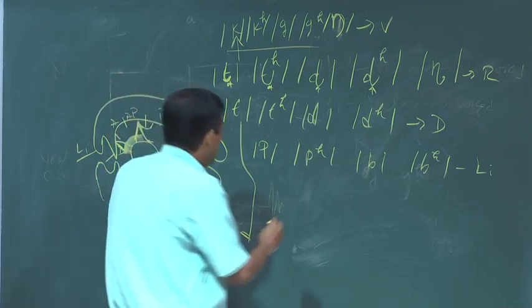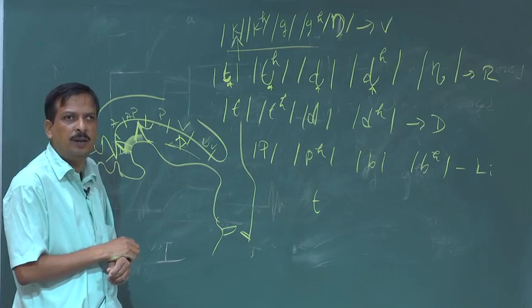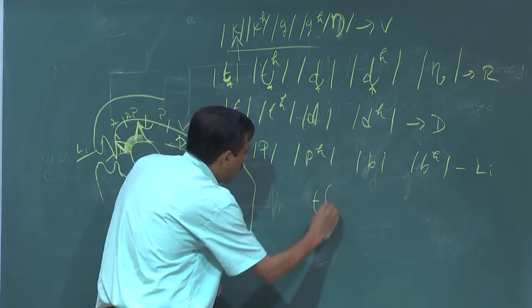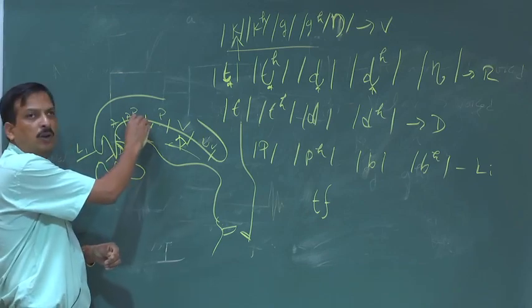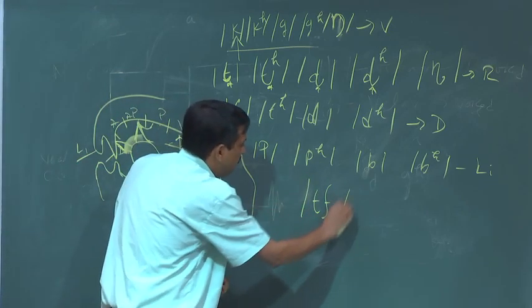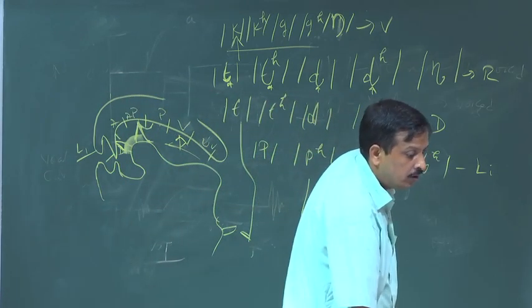Then we can write the symbol t for the plosive part. The friction part is written with the palatal or post-alveolar sh symbol. I do not know what that symbol is called, but this one is palatal or post-alveolar.